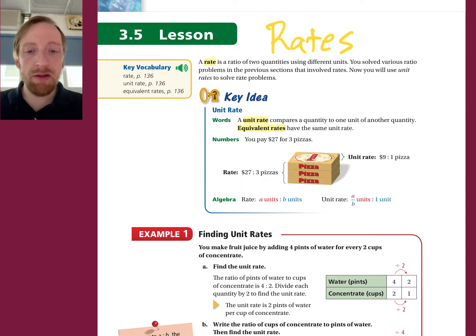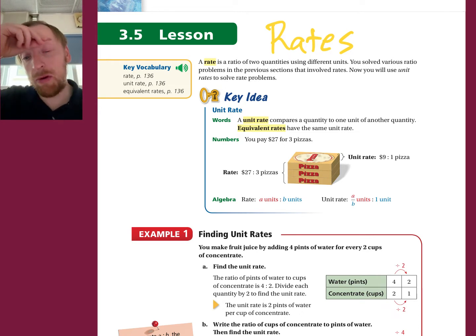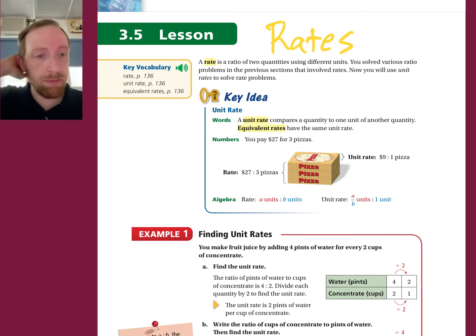A rate is when we start attaching a unit to these ratios. So if I say 3 to 5 apples to oranges, well, then I have a rate. But before I add apples and oranges, this alone is just a ratio.